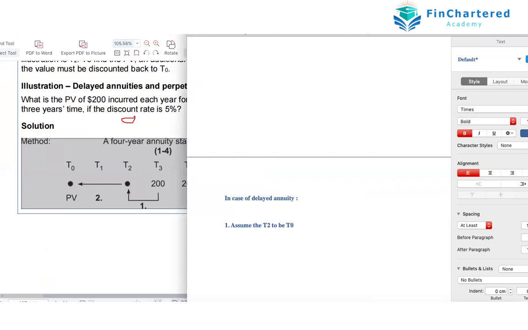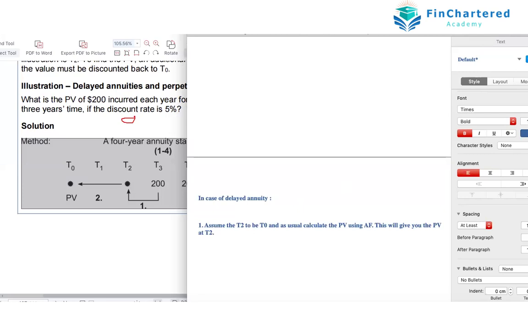You are assuming it. And as usual, calculate the present value using the annuity factor. If you assume T2 to be T0, we'll simply use the annuity factor table and find the present value at T2.